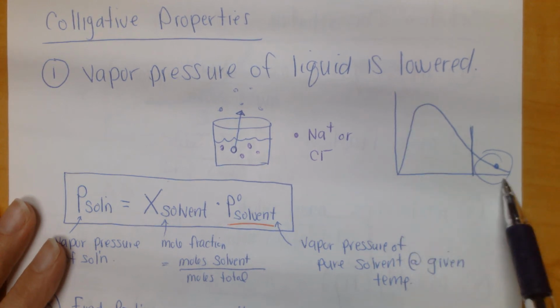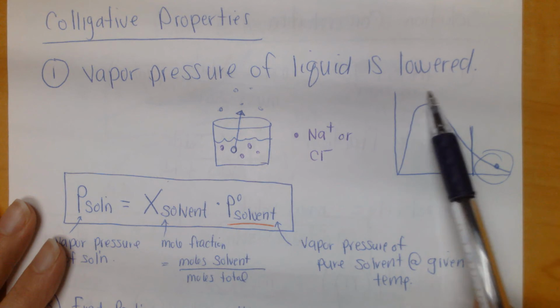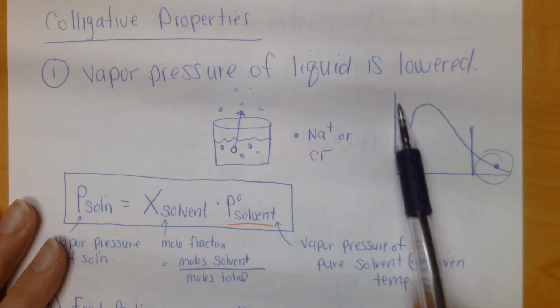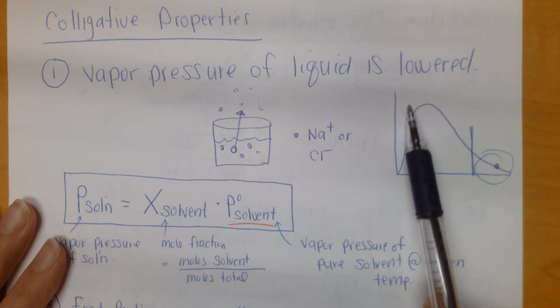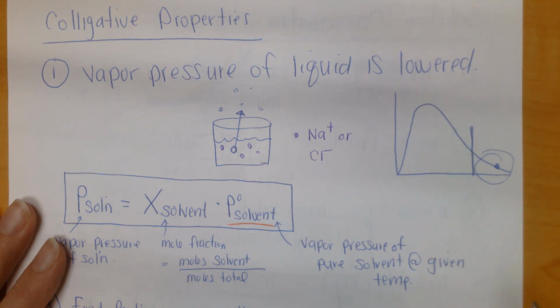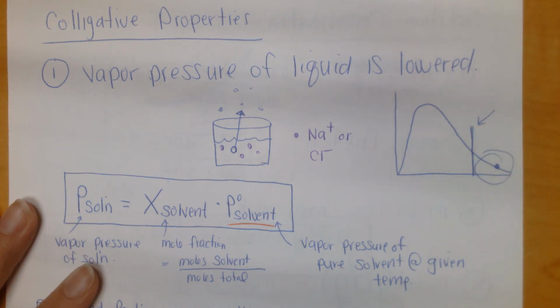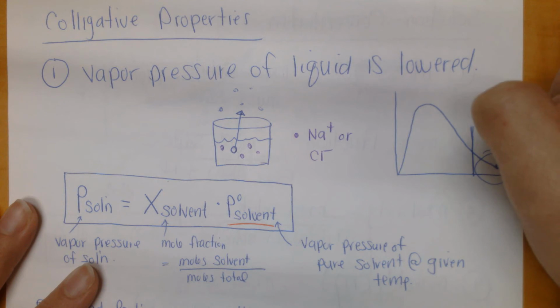If you think back to our kinetic molecular theory of gases, we had this diagram where our average and root mean square speeds were up here, the typical speeds of gases in a sample. But say this is the threshold energy needed to go from the liquid to the gas phase.